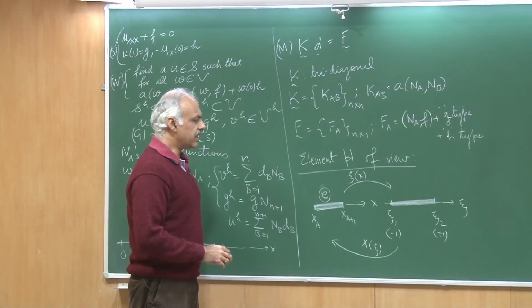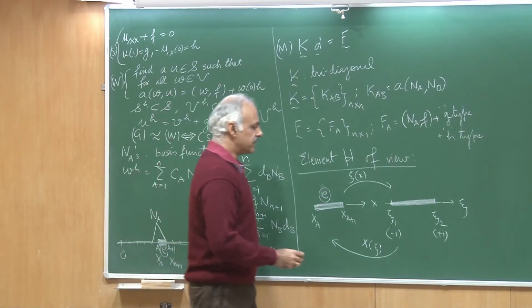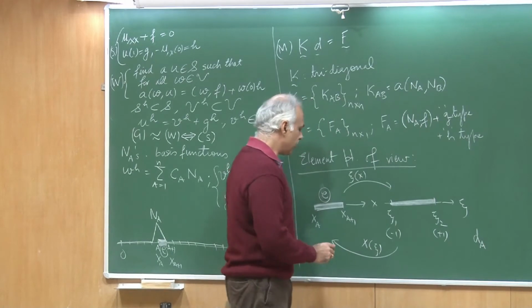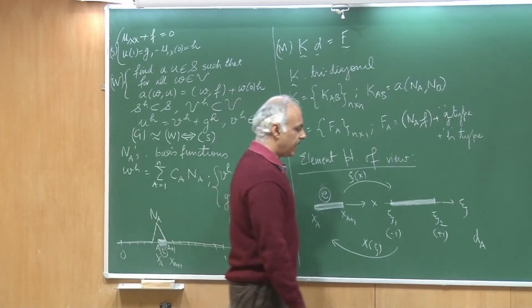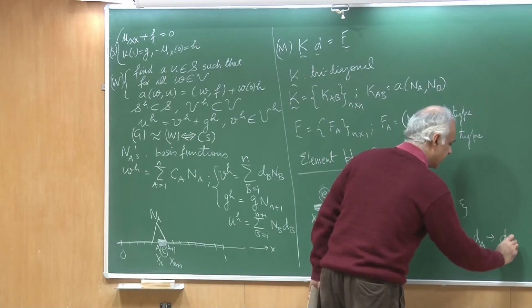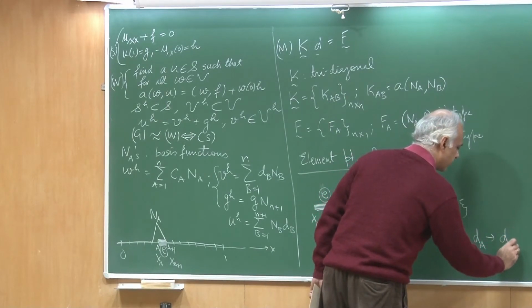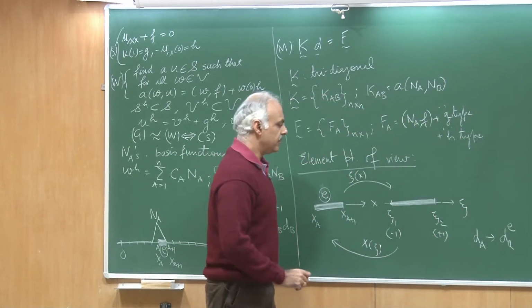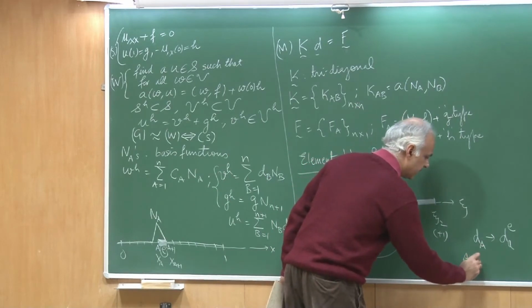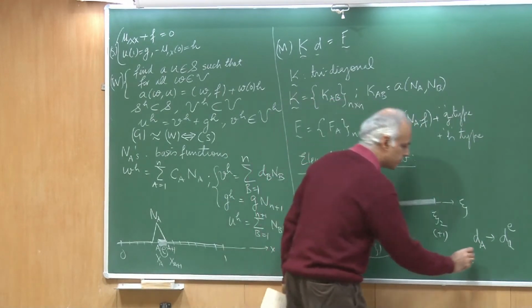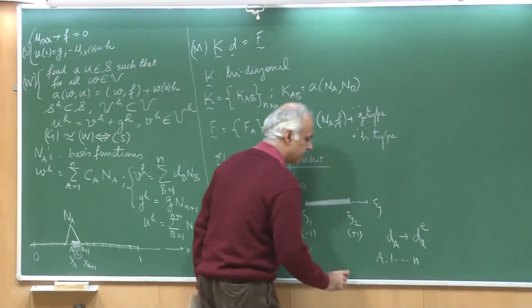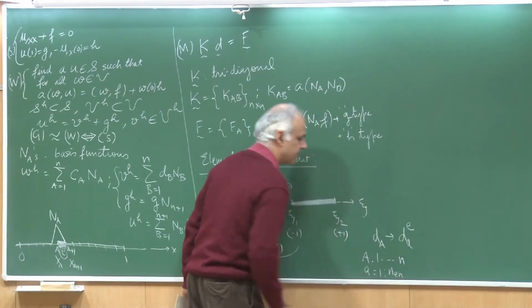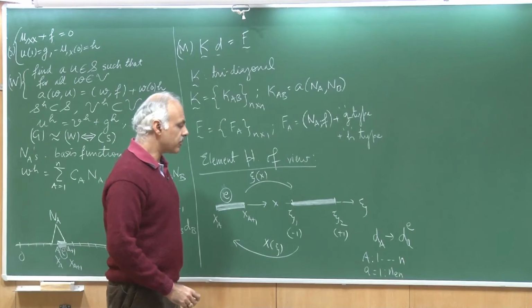We were also able to write down the notation which said something like this. If I have dA as an unknown at node A, I could also write it as d1, but this would be dA for the element E. So, the idea was that the subscript A goes from 1 to n, whereas the subscript small a goes from 1 to NEN, where NEN is the local number of nodes in each element.